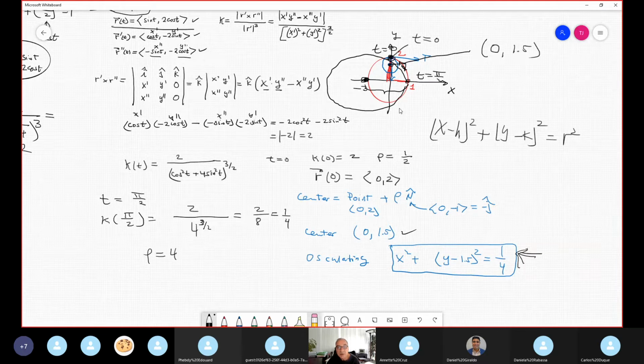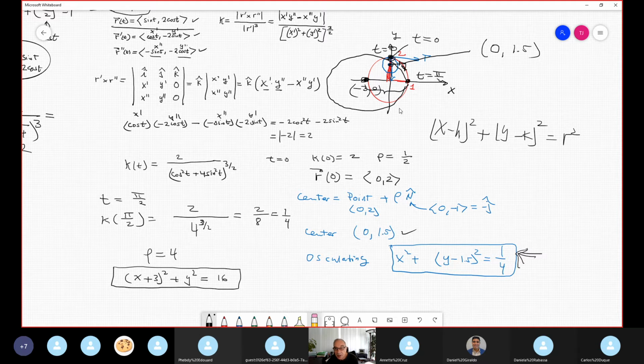The center is located at the point -3, 0, no? And the equation for the osculated circle is, let me see my paper, x plus 3 squared plus y squared equals 16. Boom. This is the equation for the osculated circle.